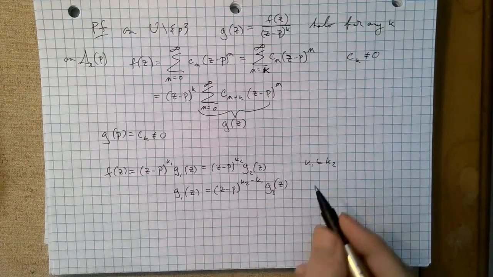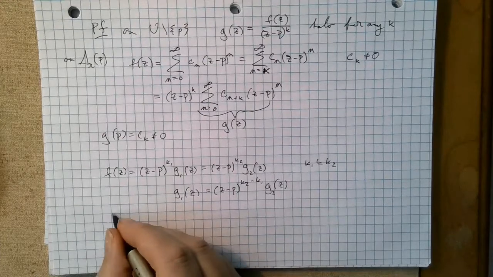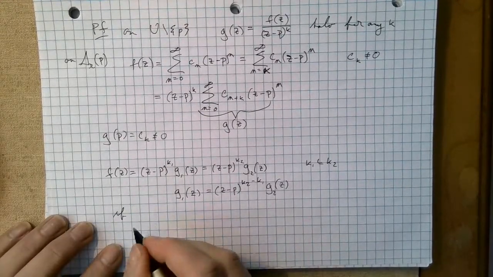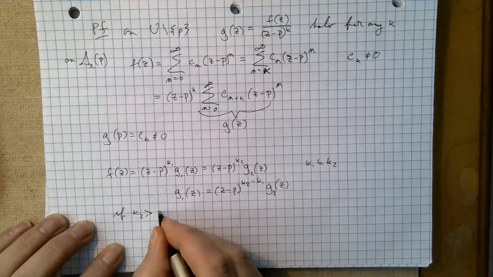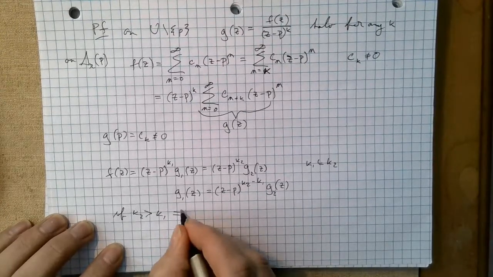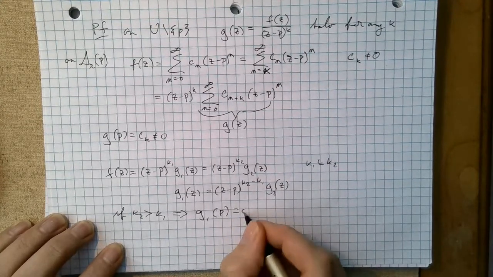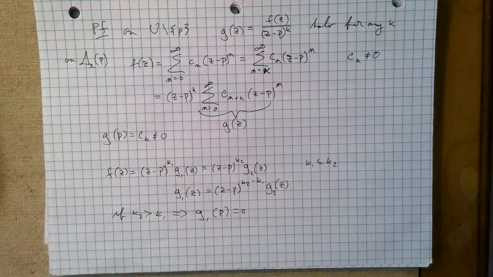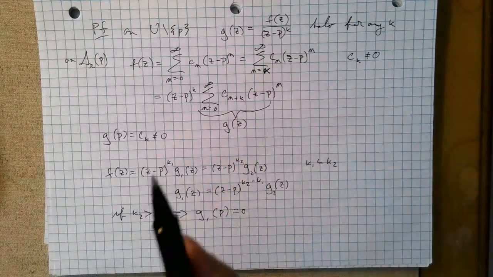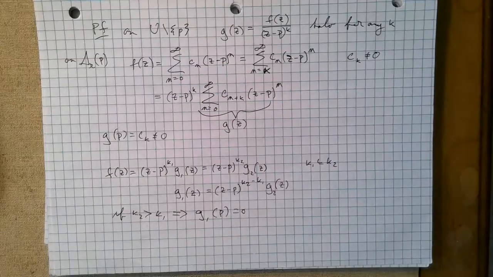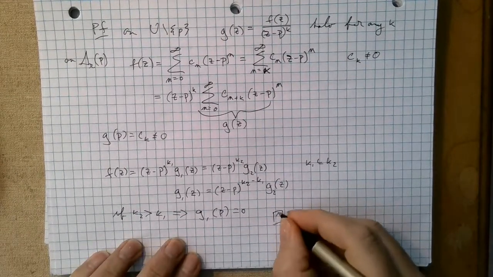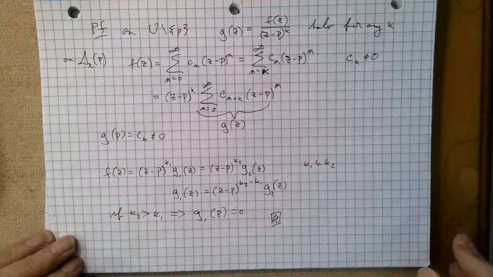Now that means if k2 is strictly bigger than k1, then I get that g1 at p is 0, right? So meaning it's not one of these g's that I claimed in the lemma, right? Because we said g has to be non-zero at p. Okay, so that means that we're done with this.